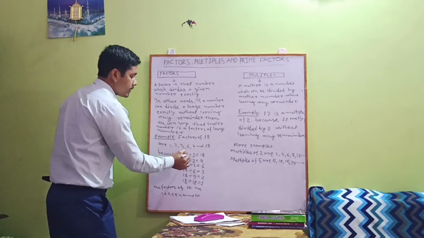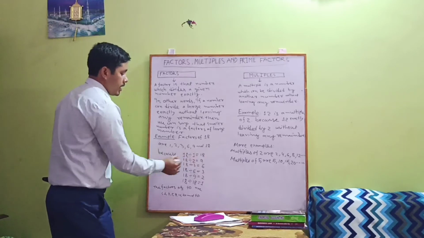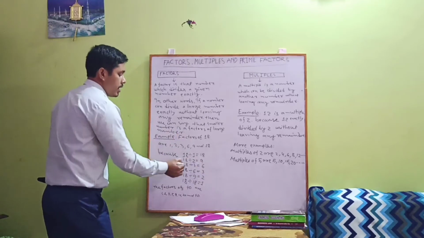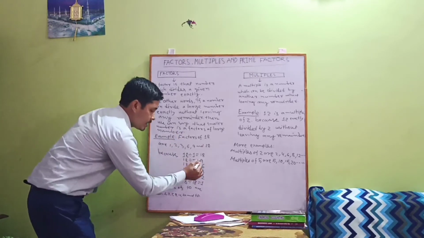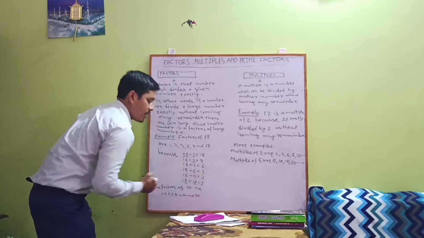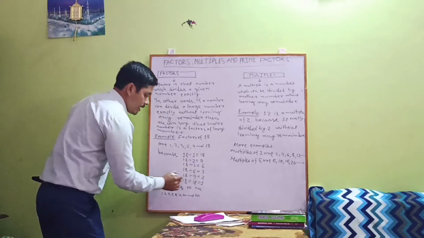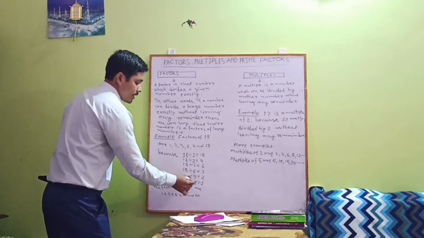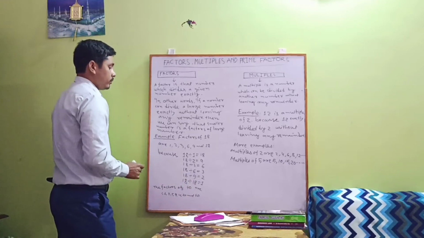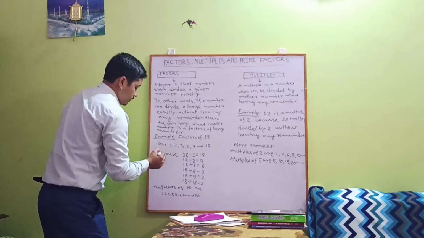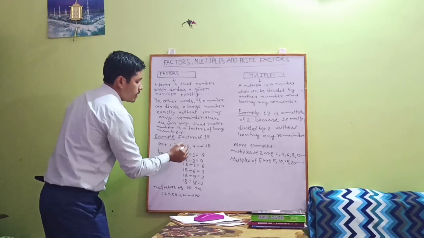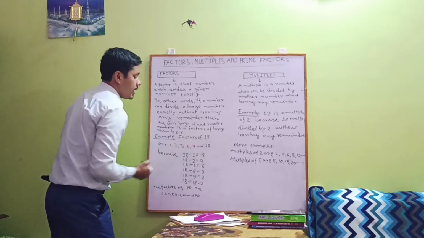Because 18 exactly divides by 1, by 2, by 3 without leaving any remainder, 18 exactly divides by 6, by 9, and also by 18. That's why the factors of 18 are 1, 2, 3, 6, 9 and 18.